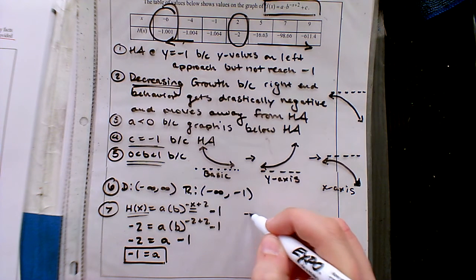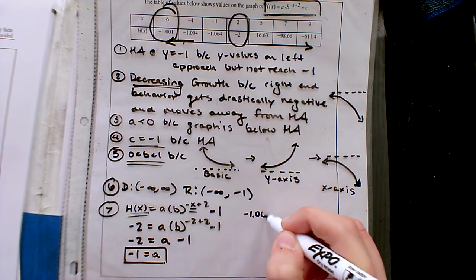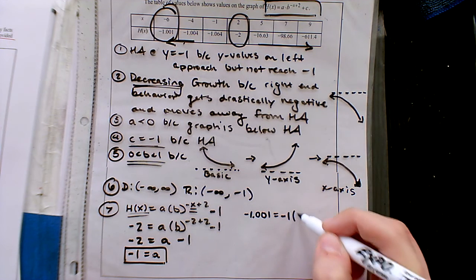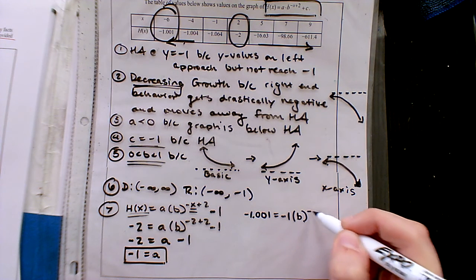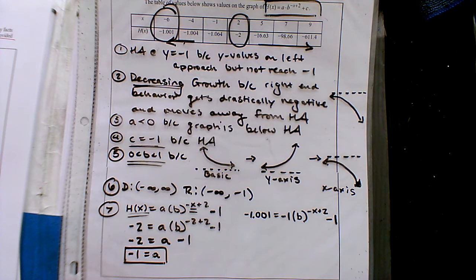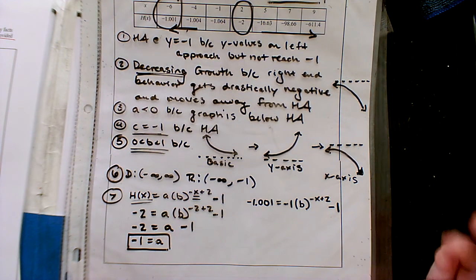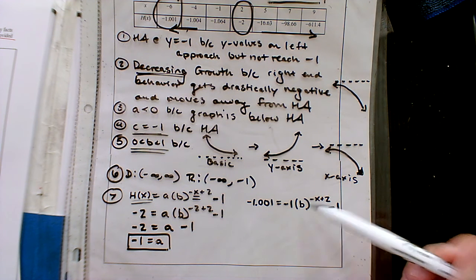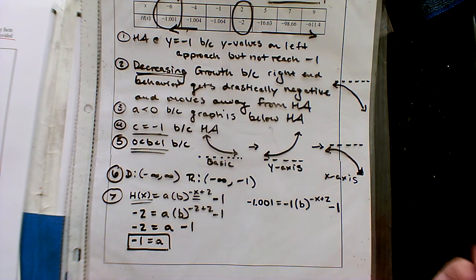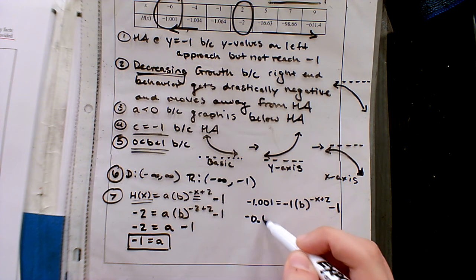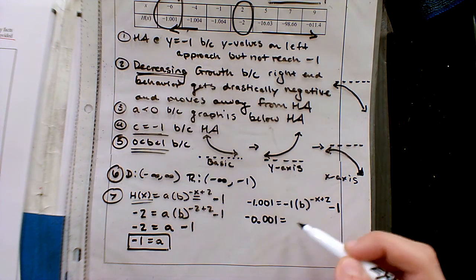All right, so y value, -1.001. A value, -1. B value, we're going to solve it. Power, -x plus 2. And C value, -1 on the end. All right, so solving for B, we'll add 1 over, so -0.001.